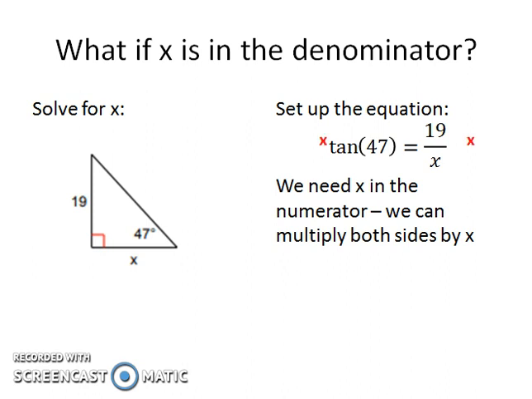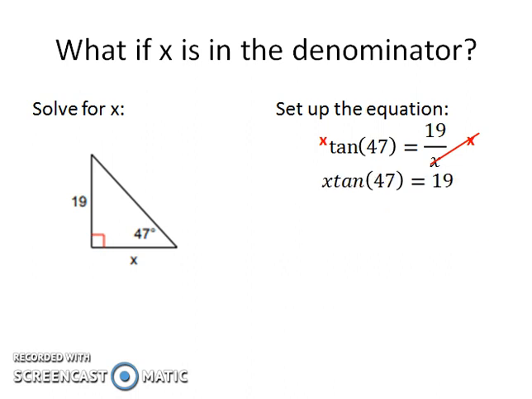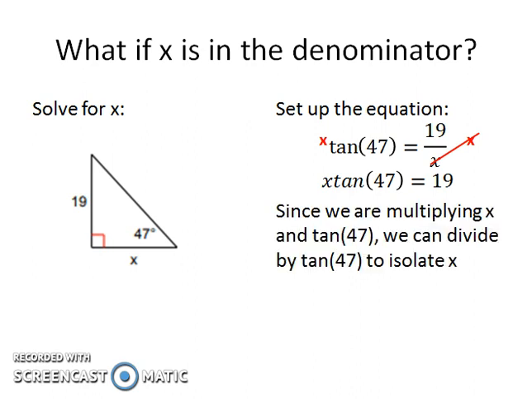If we go x on both sides, those cancel out, and we're left with x times tan of 47 equals 19. This still isn't good enough because x still is not by itself, but since we're multiplying x and tangent of 47, we can divide by tangent of 47 to isolate the x.